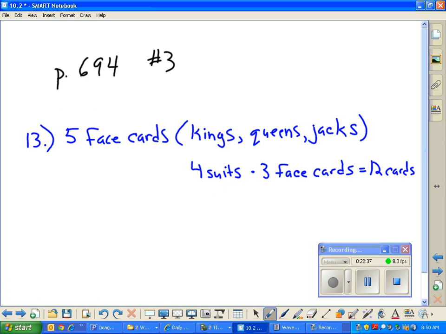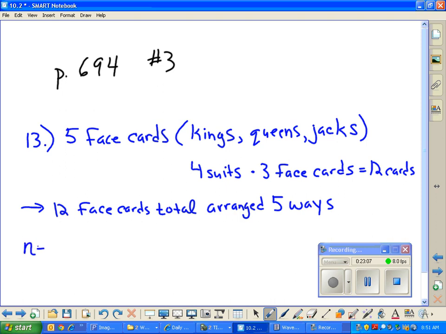So if you want to think about it this way, it's kind of as if we have 12 face cards total, and they're arranged or pulled out to make a 5-card hand, because I need my hand to have 5 cards. Essentially, this breaks down to be a pretty simple combination problem. If I read it this way, what I see is that my number of items is 12, and then the number of ways I'm going to pull them out, my arrangements, is 5.